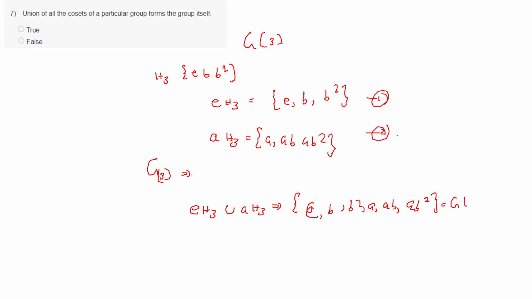So that is G3, and the answer is true. This ma'am solved already in the classroom, we have just written it again.